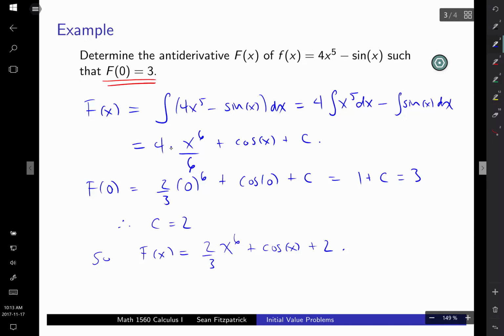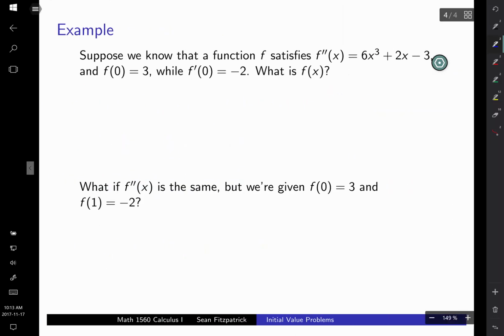Alright, let's try one more. Now, in this example, I'm giving you the second derivative, and this is, again, if you're thinking of problems coming from, let's say, physics or somewhere like that, quite a common problem, because if you think of Newton's laws, right? Think of F equals ma, right?